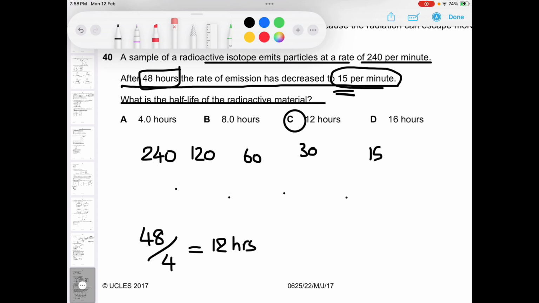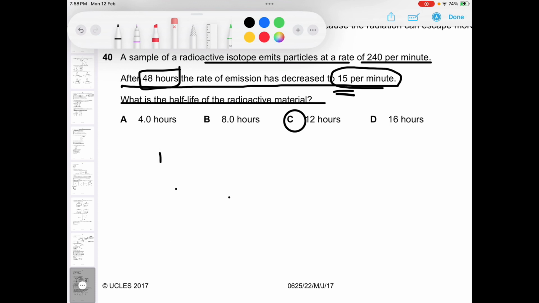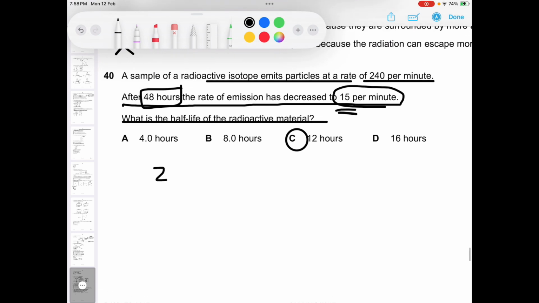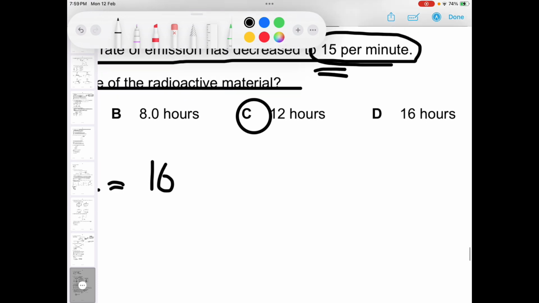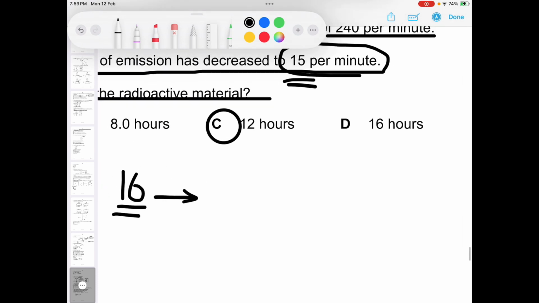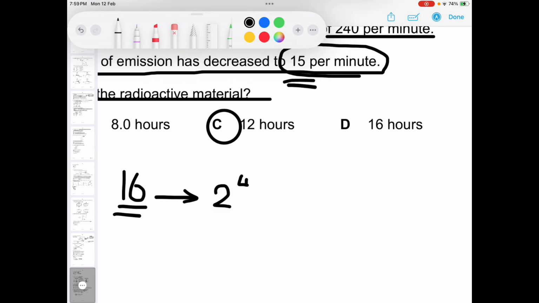But there's also a mathematical way of doing this. We can do 240 divided by 15, the original reading and the reading left, which gives me 16. Now write 16 as a power of 2, which gives me 2 to the power of 4.